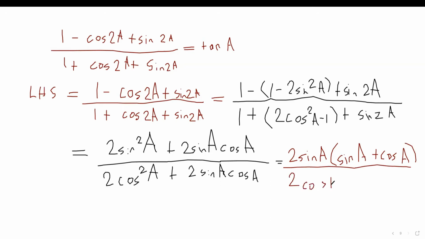You are absolutely right, Marika. And then we're left inside with sine A plus cos A. Well, actually, let me write it properly. You're actually left with cos A plus sine A. Just for the semantics of it, you have to say cos A plus sine A. And then we know that sine A plus cos A is the same as cos A plus sine A. So this cancels this, the 2 cancels the 2, sine over cos is tan.